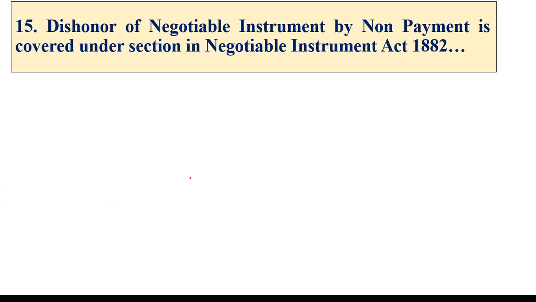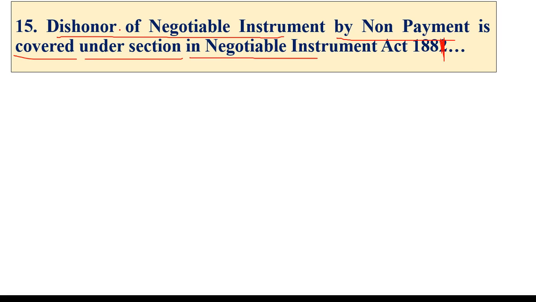So last question. Dishonor of instrument. Okay, dishonor of negotiable instrument by non-payment is covered under which section in the Negotiable Instrument Act 1881. Okay, it is 1881. Sorry, by mistake I have typed 1882.